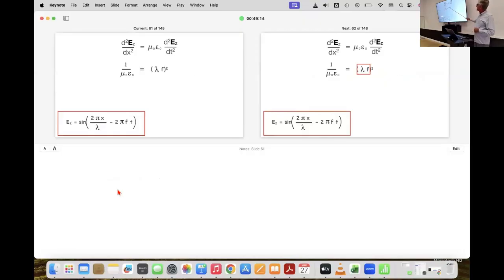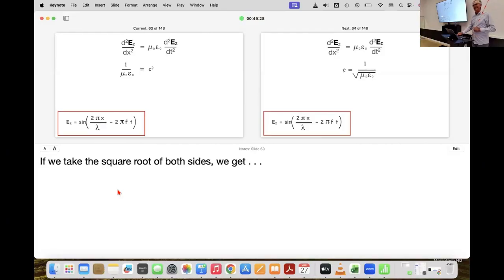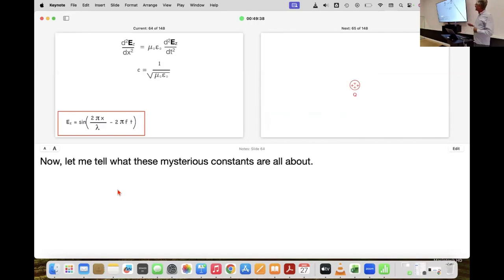And what is wavelength times frequency equal? Speed. Okay, so what should we call the speed? How about c? How about s? Yes. c squared equals 1 over mu naught times epsilon naught. c equals this.